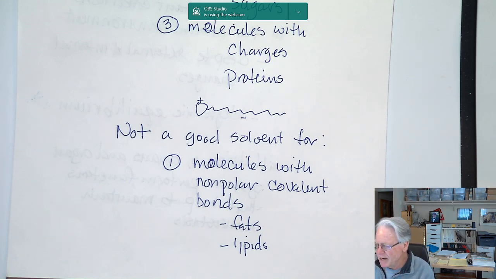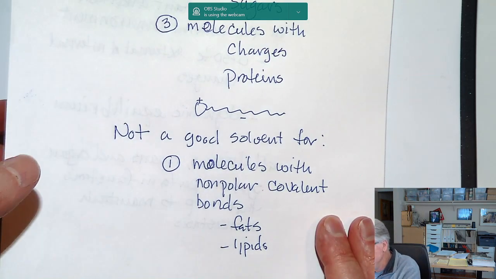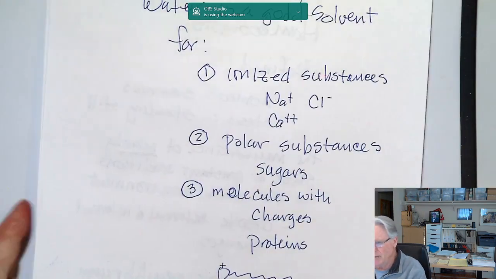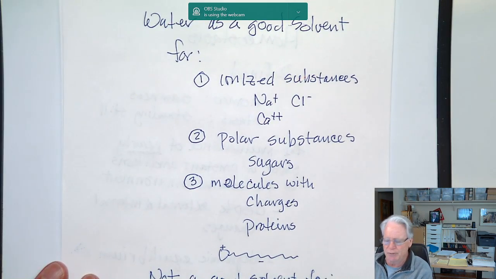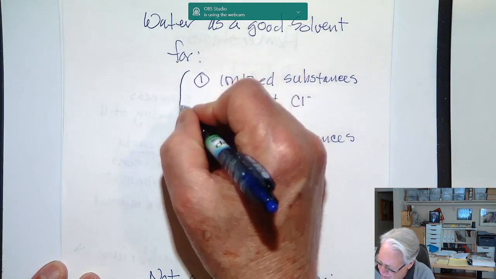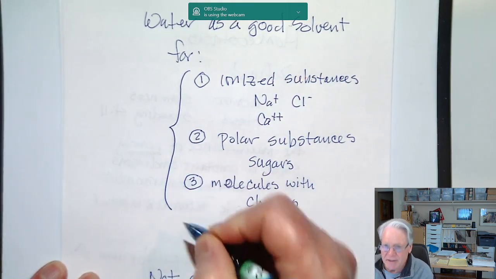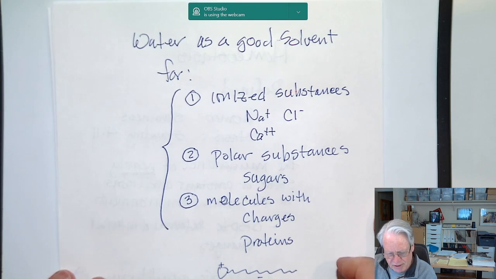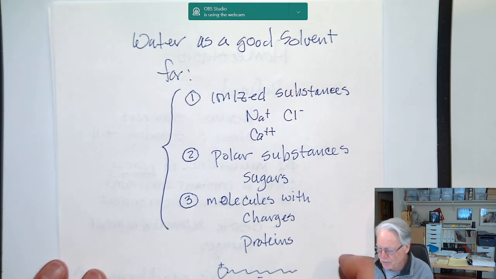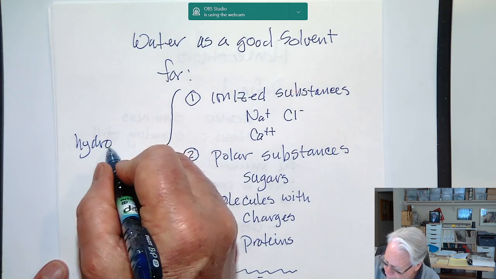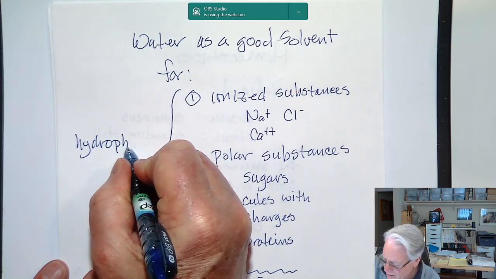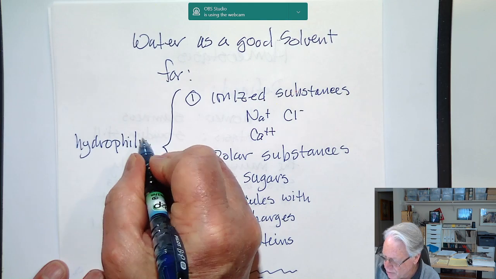Okay. Now, the molecules that can dissolve in water, the molecules that you can easily put in water and they dissolve, have a special name. The name that we apply to these molecules is that they are hydrophilic, meaning they are water-loving.